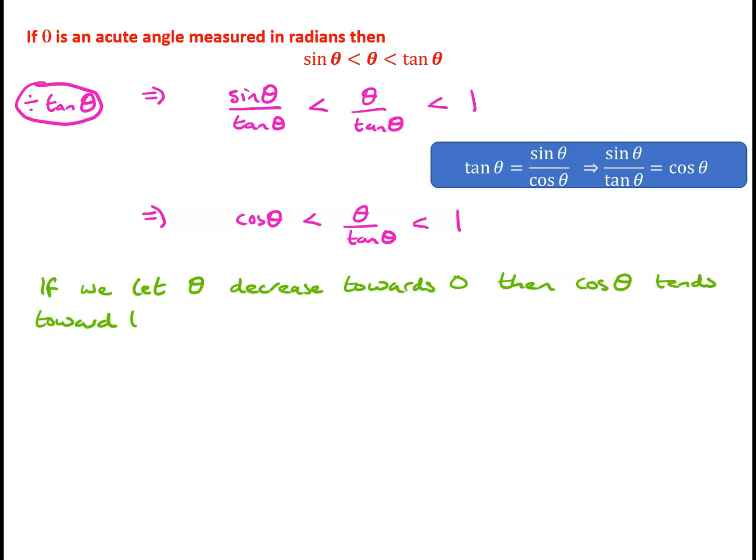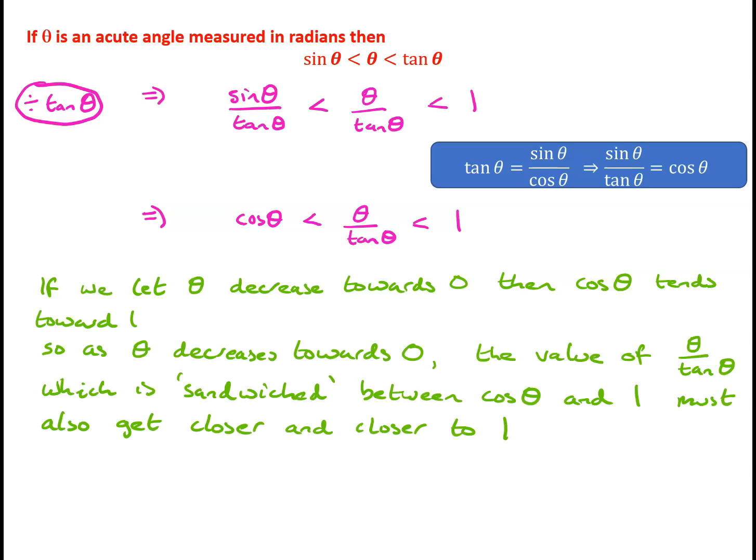If I let theta decrease towards 0, then I know that cos theta tends towards 1, which means that as theta decreases towards 0, the value of theta divided by tan theta, which we know is sandwiched between cos theta and 1, must also get closer and closer to 1.